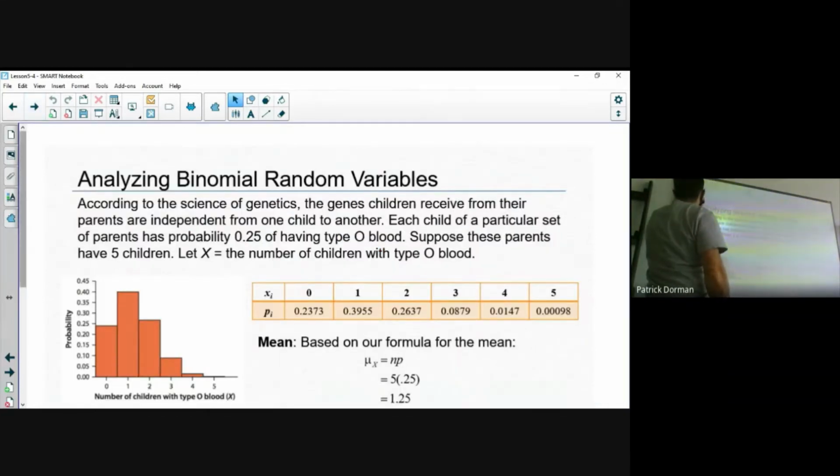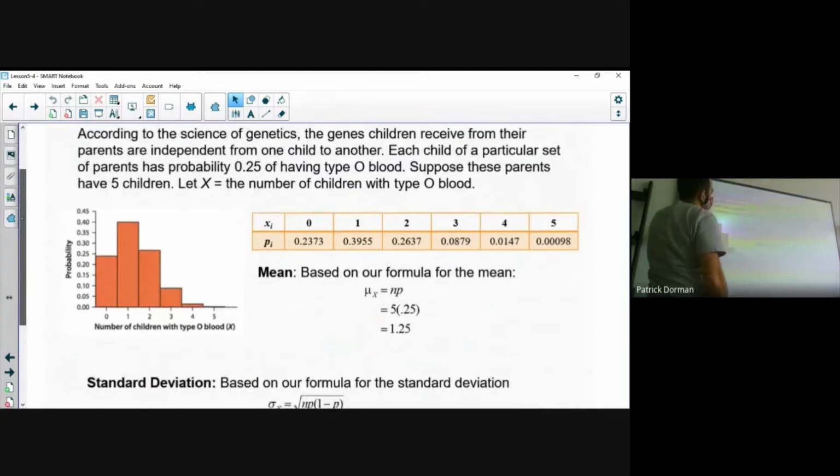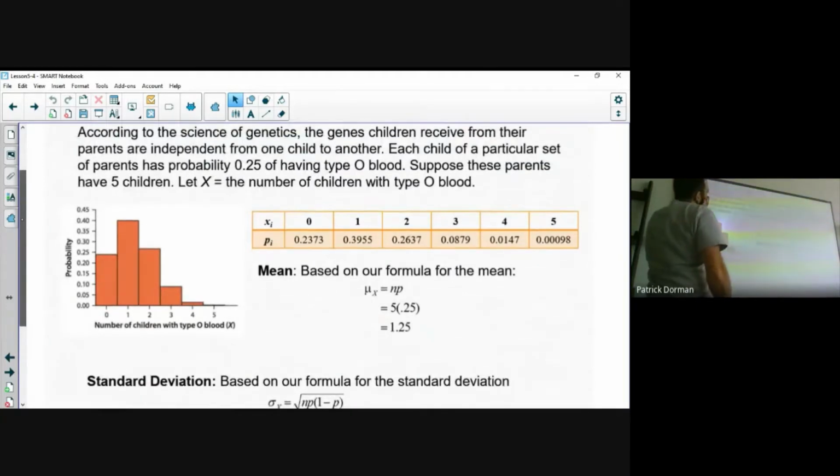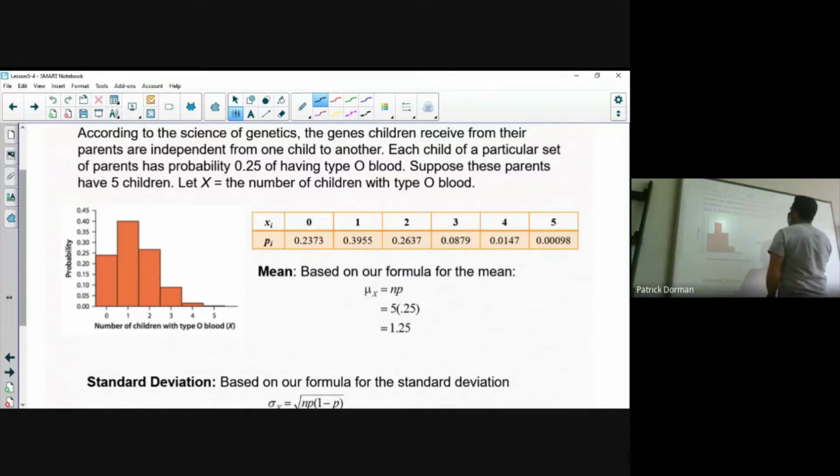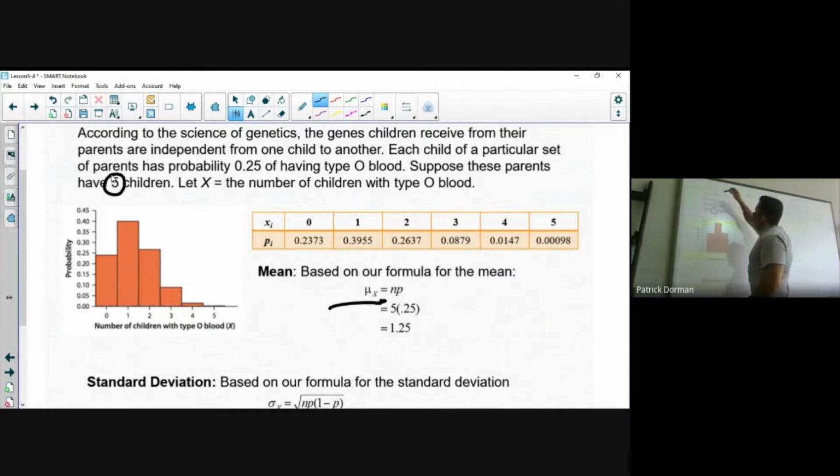So let's look at an example. We've looked at the type O blood example quite a bit, so we've got the groundwork laid for this thing. Now we can find the mean of the distribution. The mean is the number of trials, which says 5, so that's where this one is coming from.